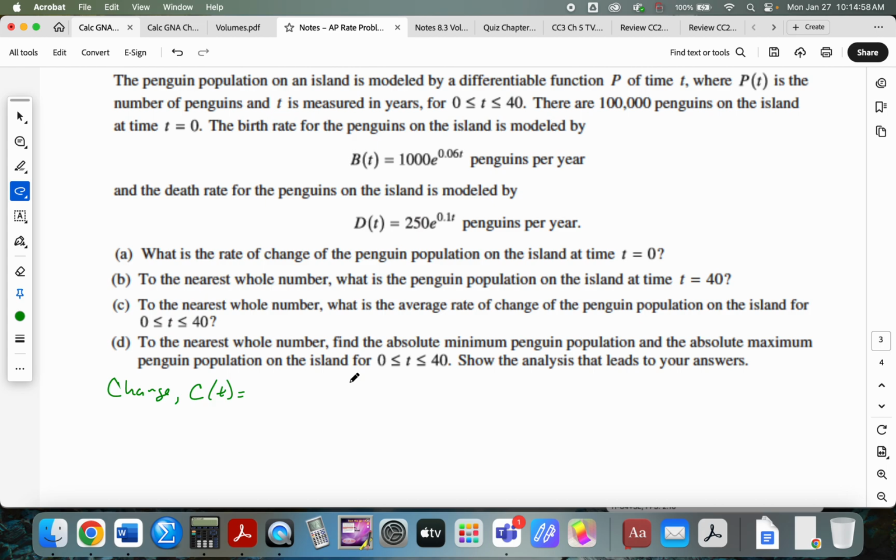The integral of E of t. Oh, I see. So we want the rate of change. I'm sorry, I didn't say rate. The rate of change, C of t, is going to be what? I asked it wrong. I asked for the change. So what is the rate of change going to be?